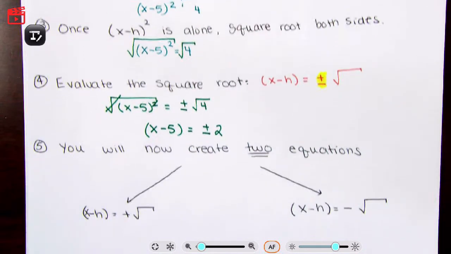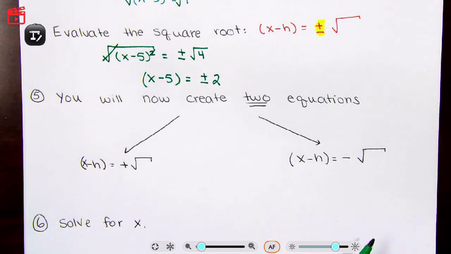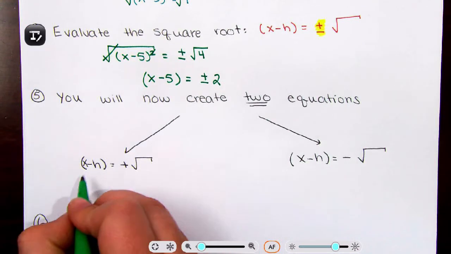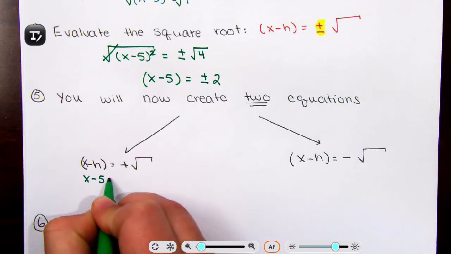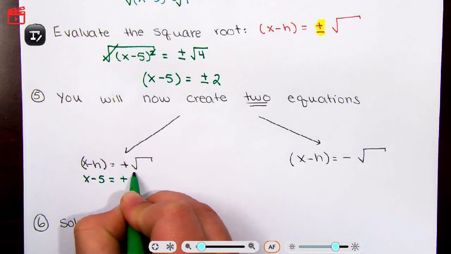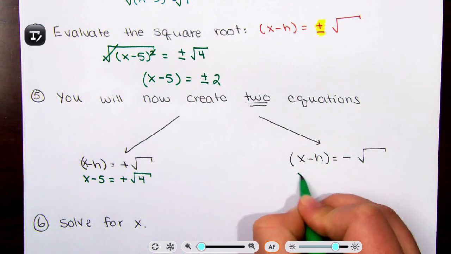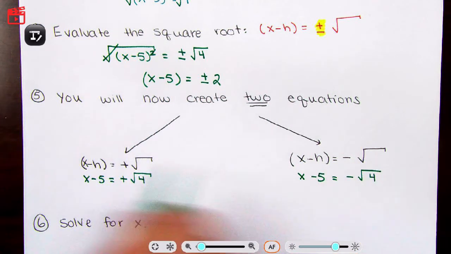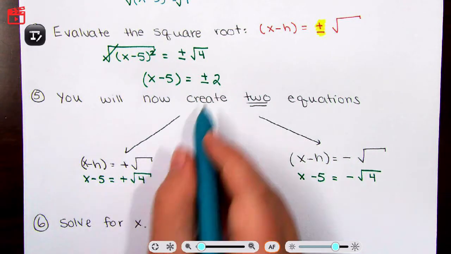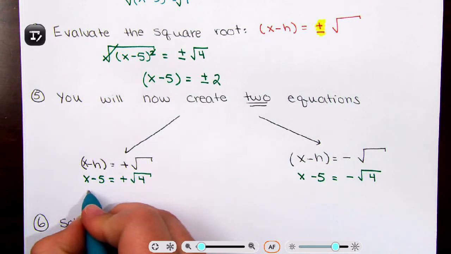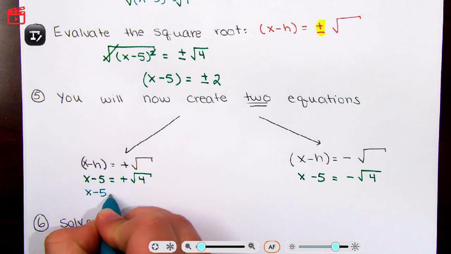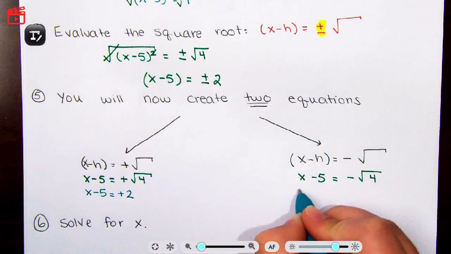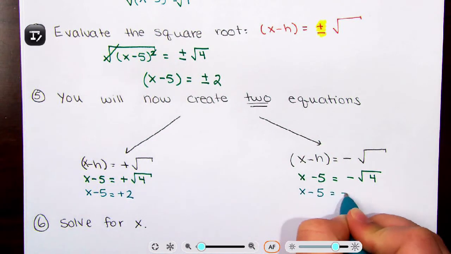So that will create two separate equations. In our case, we have x minus 5 equal to the positive version of the square root of 4, and x minus 5 equal to the negative version. So I have x minus 5 is equal to positive 2, and x minus 5 is equal to negative 2.